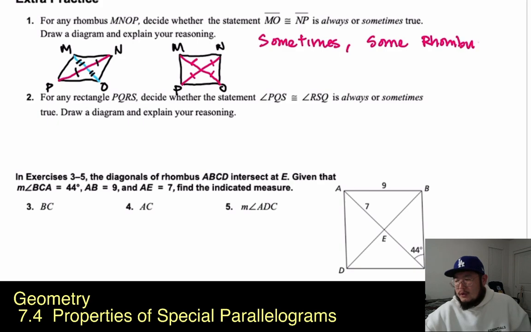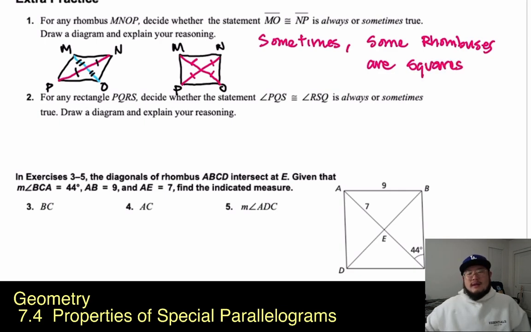Okay, so if MNOP right here happens to be more specifically a square, well, this time around all sides are congruent, therefore making the diagonals all congruent, because the square has some of the characteristics of a rectangle, thinking about that flow chart. All right, so that makes this sometimes, and the big thing right here is to understand that some rhombuses are squares. That makes it sometimes. Let's take a look at number 2.